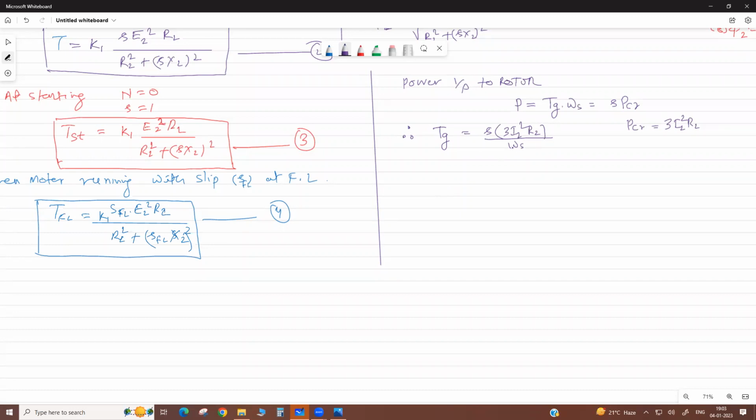Generally synchronous speed is constant, and rotor resistance is also constant if we do not change it, like in a squirrel cage type motor. So this gross torque is only proportional to slip and I2 square. Generally these are the two parameters, slip and I2.